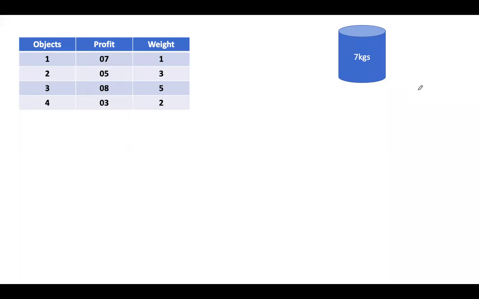Profit will be 12, 15. See, we have 7 kg. So this is a simple problem with only 4 objects. Consider if there are 10 objects, lot of profit. Manually, it will be very difficult.